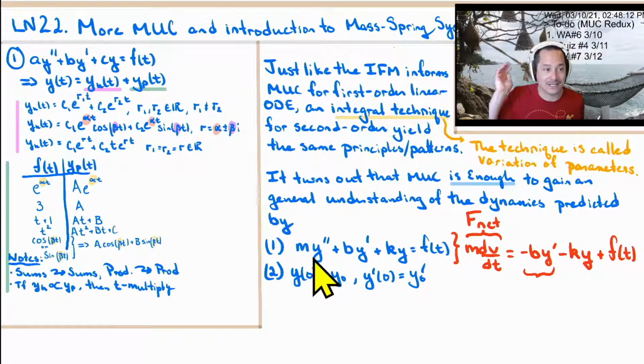Think about driving down Washington Avenue at like 30 miles an hour versus driving down I-70 at like 70 or 80, whatever the respective speed limit is. Air resistance. So this term here deals with drag, or what is often called damping.